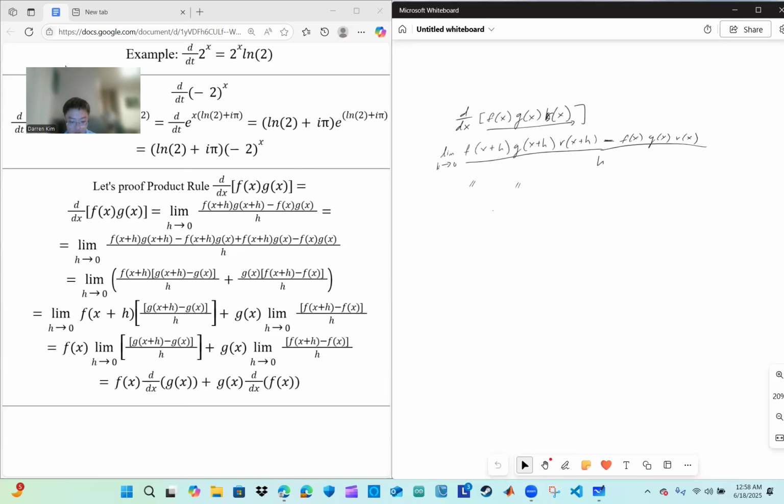This whole thing is equal to A, this whole thing equal to B, because I can. Yeah, that's a horrible way to do it. But you can see that A and then B is over here.